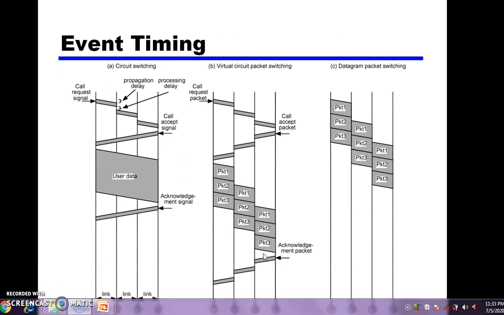Now we'll see event timing for circuit switching, virtual circuit packet switching and the datagram approach. In the circuit switching approach, for call establishment, there will be handshaking between sender and receiver. While establishing the call, there is some propagation delay, and there is no propagation delay while transferring the data.